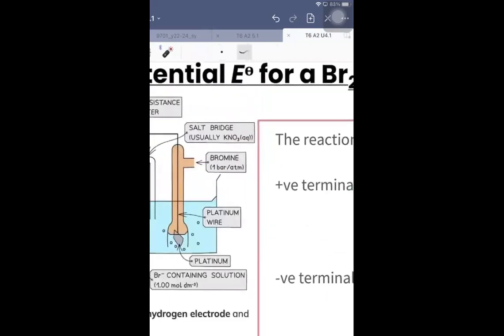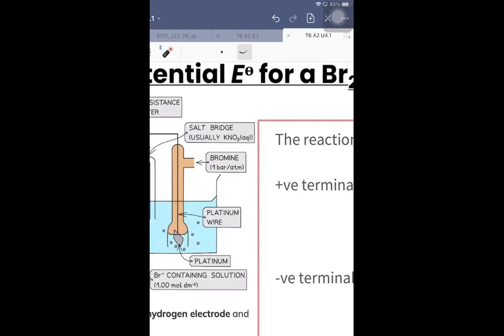Again, to make sure that this setup is a complete circuit, you connect them through a voltmeter, and then dipped inside the solution, there must be a salt bridge so that this whole thing is connected. The reason for the platinum here is just to make sure that the gas has contact with the ions in the solution.